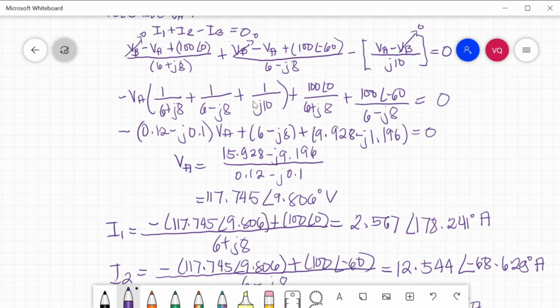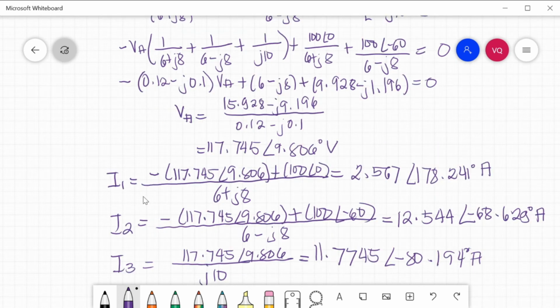For I2, substitute VA here: negative VA plus 100 angle negative 60 divided by 6 minus J8. Don't forget the parenthesis in your VA. That is 12.544 angle negative 68.629 degrees ampere. Last one is I3.